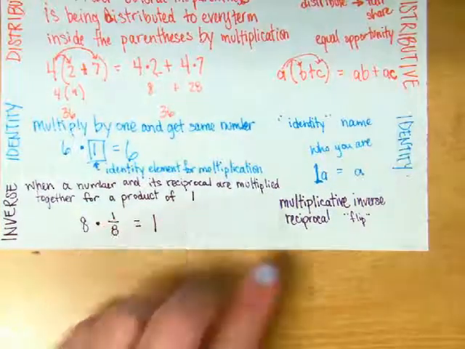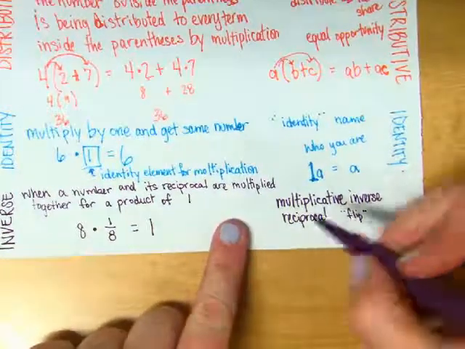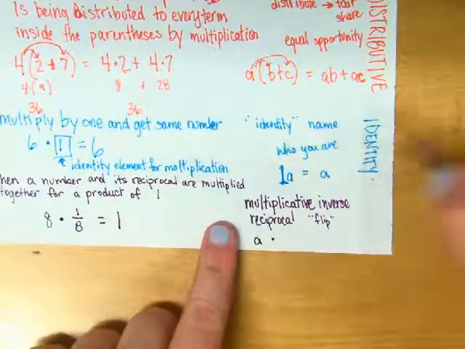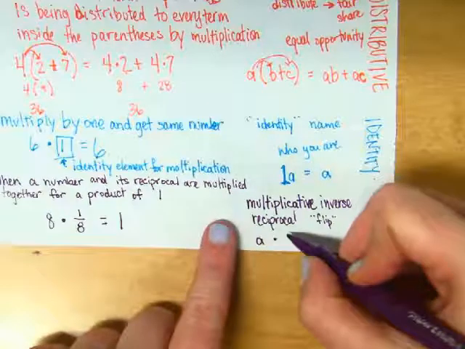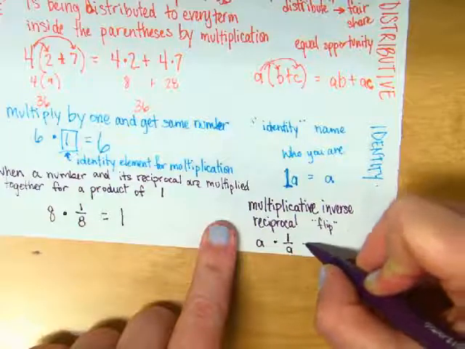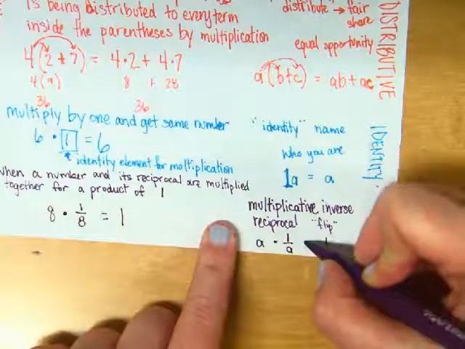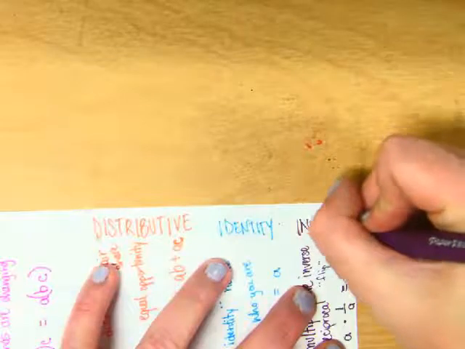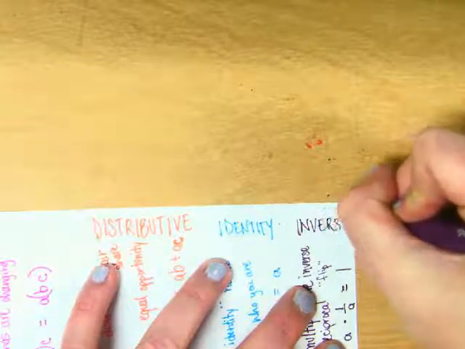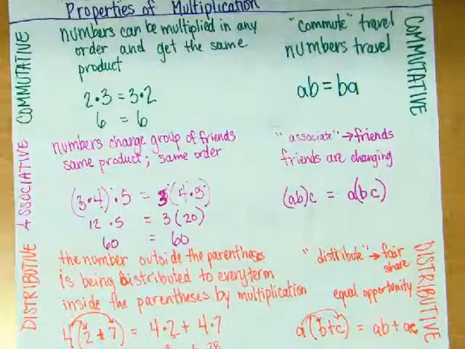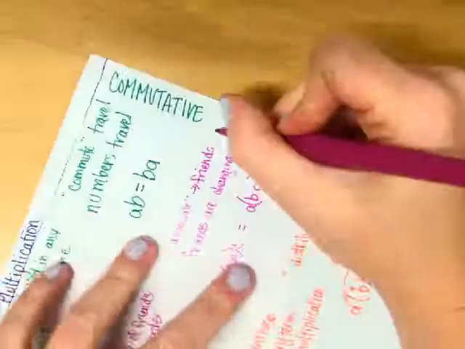What that looks like with variables would be I take any number and I multiply it by its reciprocal, its multiplicative inverse, and I will get a product of 1 there. And that is the inverse. Oops. Neglected to write associative here.